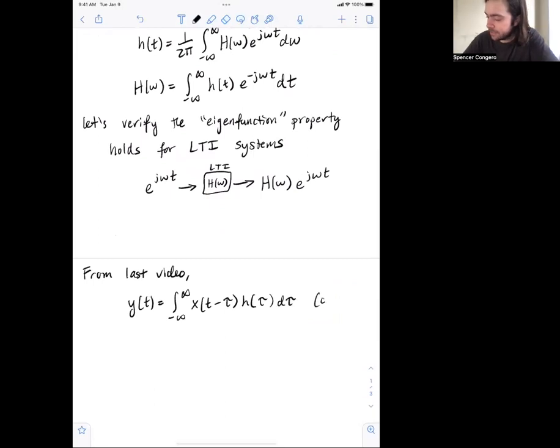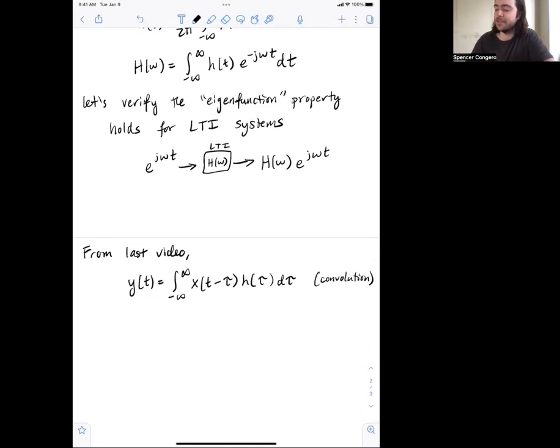This is convolution. Sometimes as a verb we say convolved. This is the input x of t convolved with h of t. That just means we perform this convolution integral using x and h. There were two equivalent forms for this convolution integral. I'm just using this one for now. It's going to make the answer work out nicely.